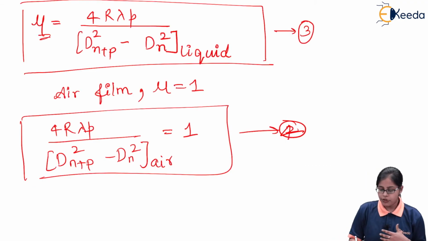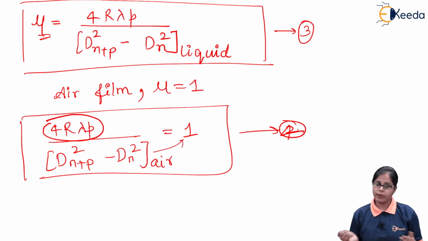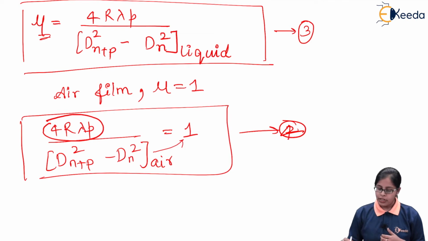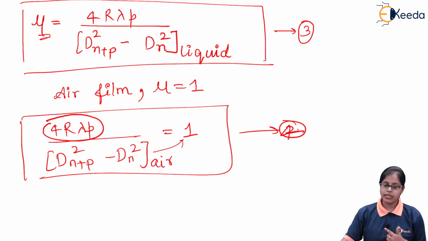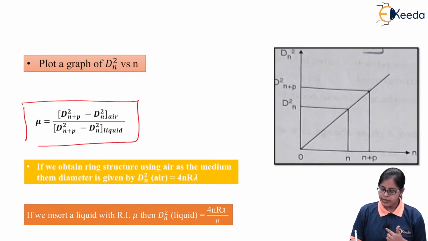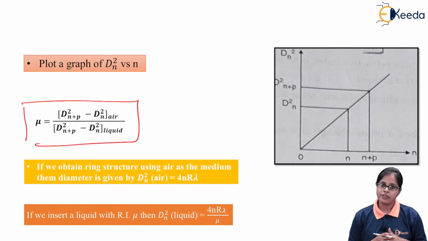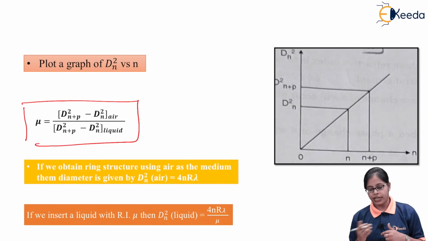Taking the term 4Rλp as common, from the fourth equation we can put it in the third equation and get the ultimate value of mu as the difference in diameters in air film divided by the difference in diameters of the rings in the liquid film.